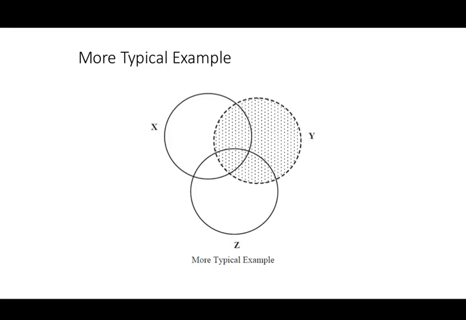There might be a little overlap between X and Z, but ideally X should uniquely predict parts of Y, and Z should predict other parts of Y with minimal overlap between the two. There is going to be overlap, but we want it to be minimal.